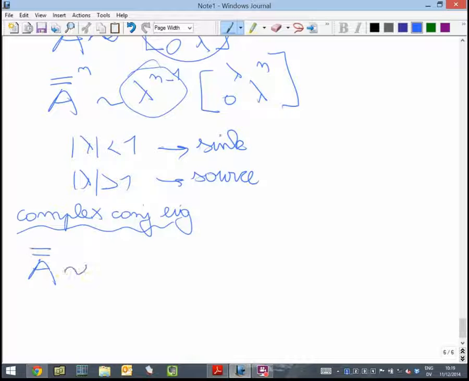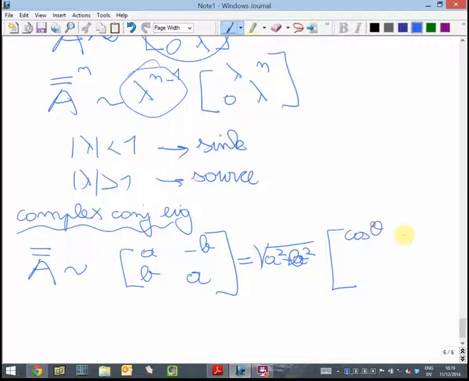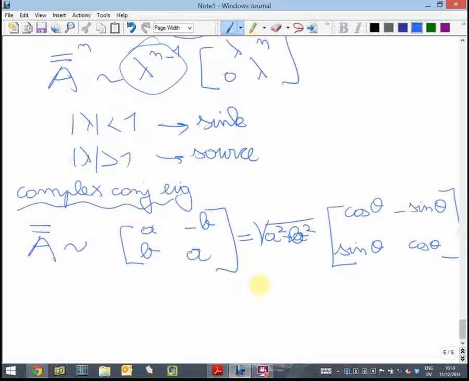You can basically show that your matrix then is proportional to a matrix of the following form, A, minus B, B, A, for complex conjugate eigenvalues, which you can then also write as follows: cosine theta, minus sine theta, sine theta, cosine theta. And then the prefactor is again the magnitude of the eigenvalue. You could prove that for yourself.